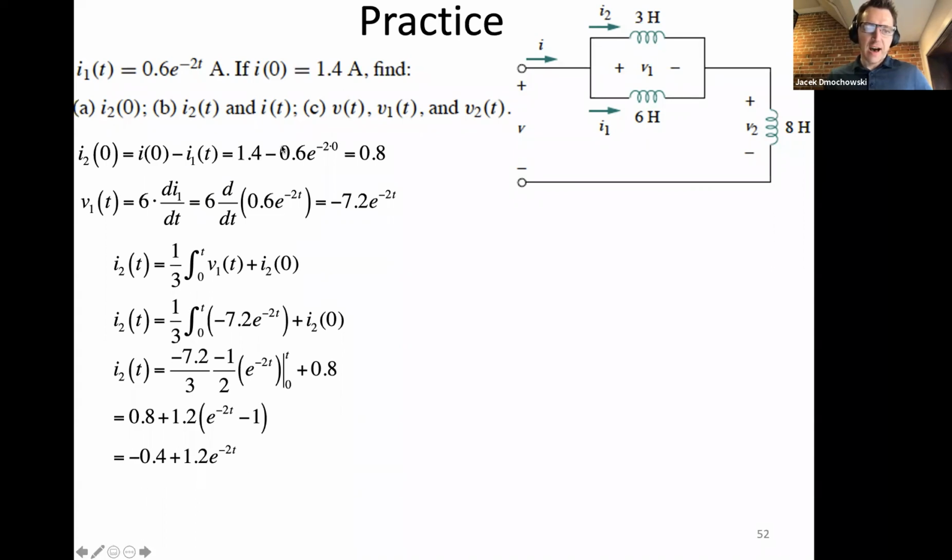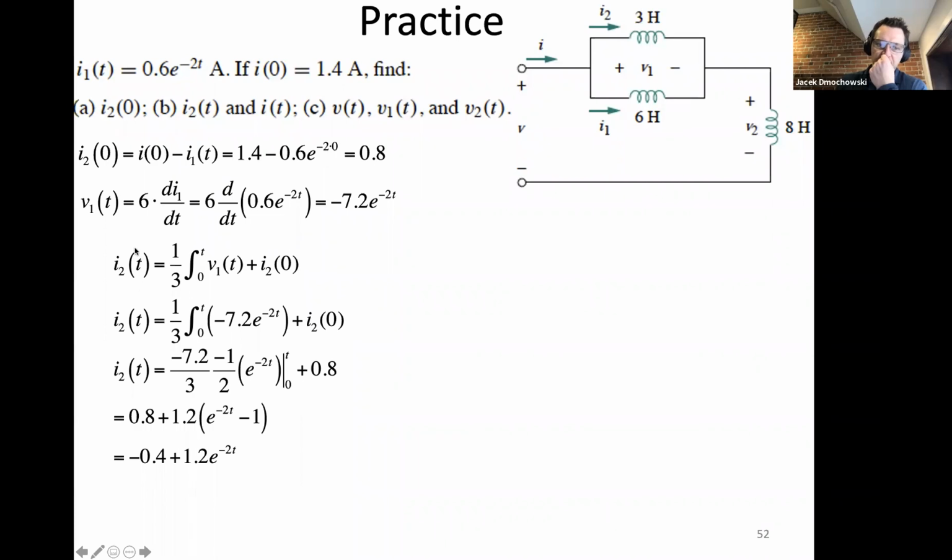Okay, so now I have an expression for I2. How do I get an expression for I of t now? Will you add I1 and I2?